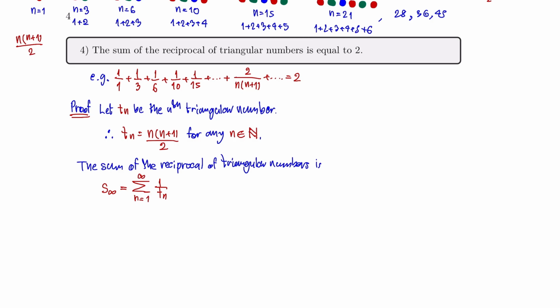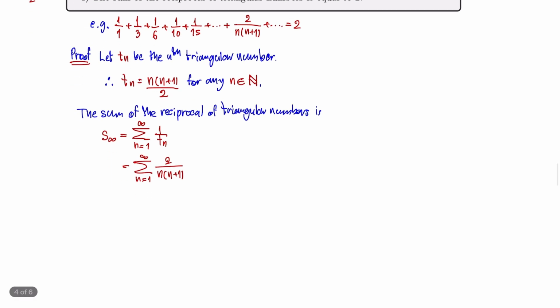And we substitute this one, which is n times n plus 1 over 2, so the reciprocal turns out to be 2 over n times n plus 1. Okay, then it turns out to be the sum from n equal to 1 to infinity.